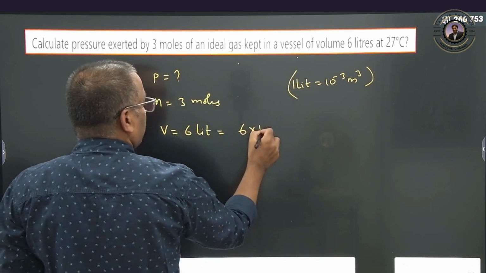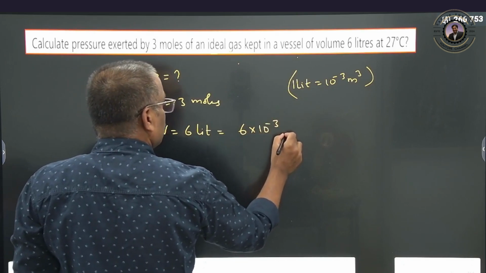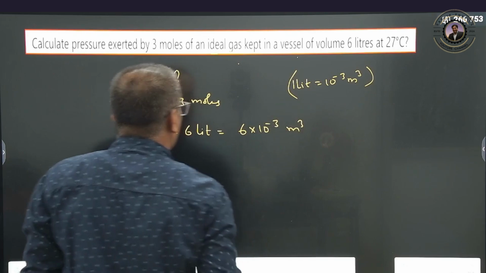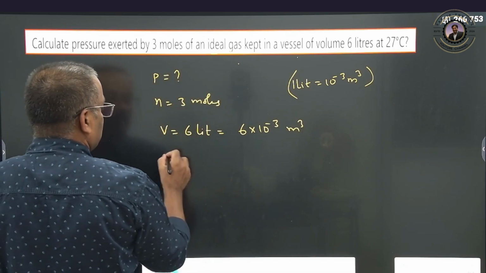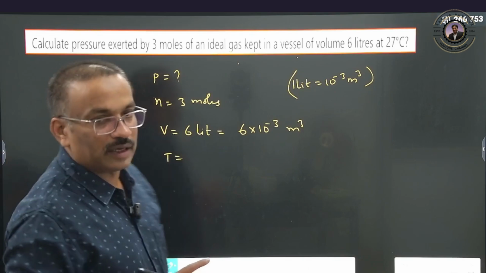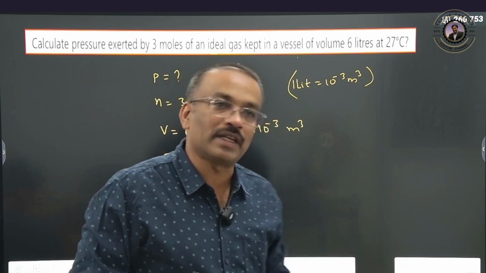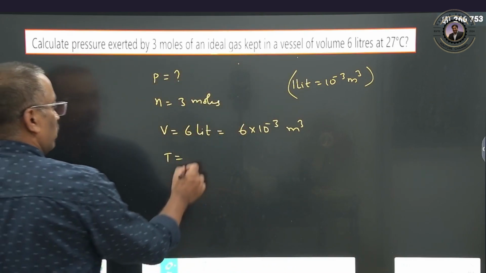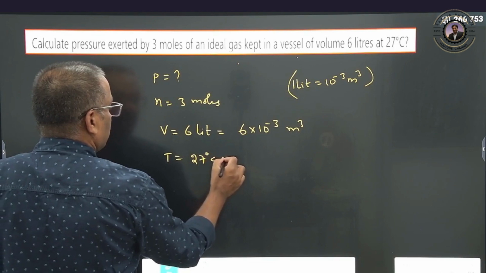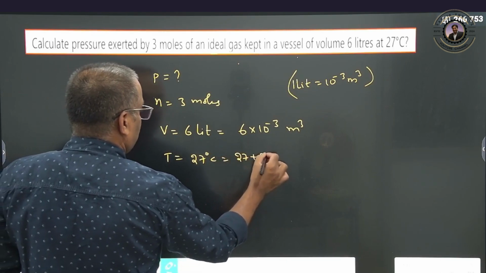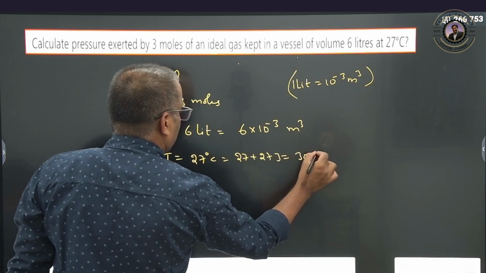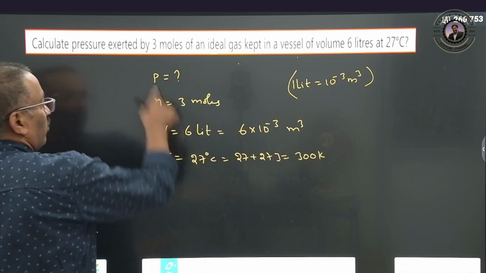So 6 into 10 to the power of minus 3 meter cube is your volume. And temperature, I already told you, while calculating for gases the temperature should always be in kelvins only. It is given as 27 degrees centigrade, so 27 plus 273, therefore 300 kelvin. Then what will be the relation now?